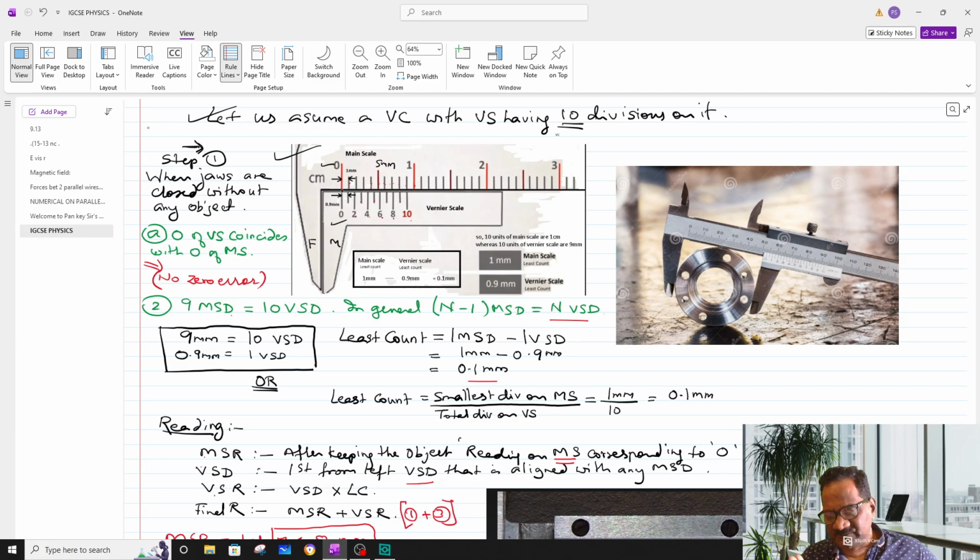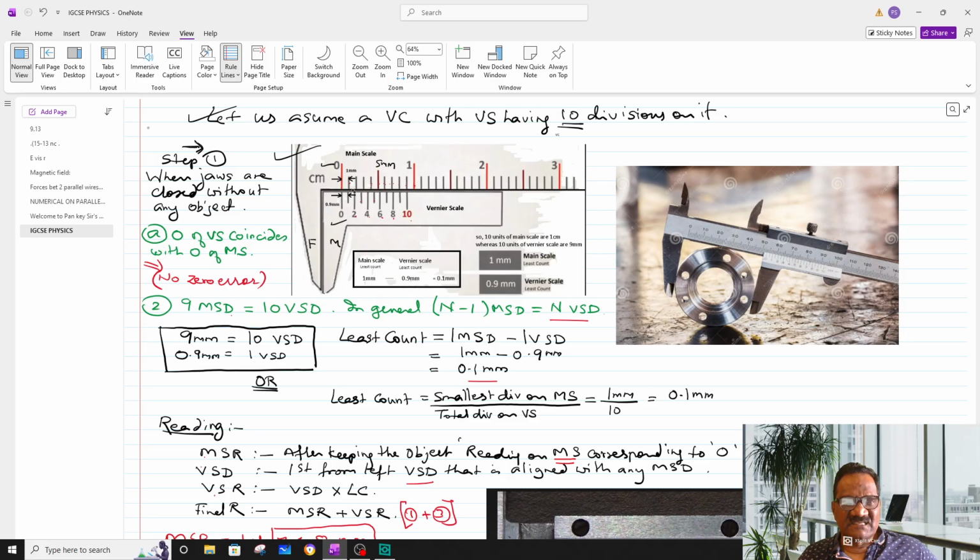If the vernier scale 0 is either on the left or the right of the main scale 0, then we say that there is some 0 error. Then we cannot say that the 0 error is 0. Then you will have to calculate what that 0 error is, and adjust that 0 error in the final reading.